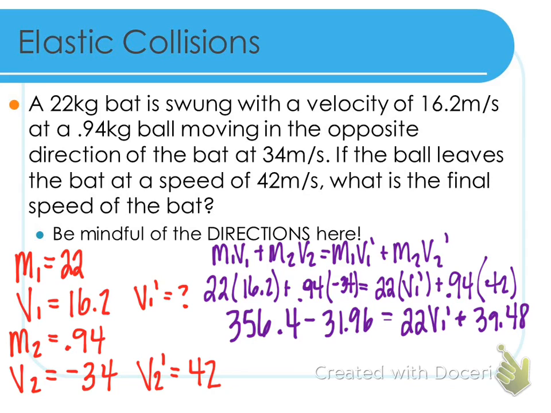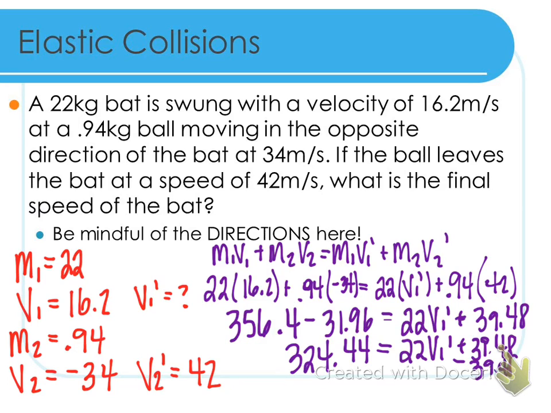On my whole left side of my equation, I get 324.44 equals 22 v sub 1 prime plus 39.48. I still needed to subtract that 39.48 from the left side.